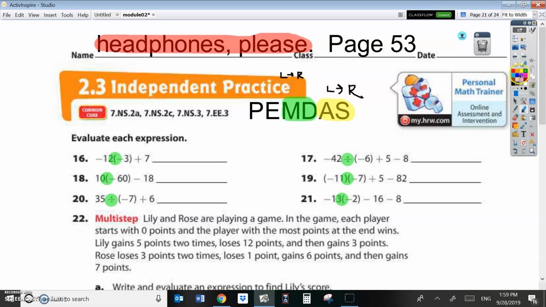Okay, now highlight addition and subtraction. Negative times a negative is a positive. 12 times 3 is 36. 36 plus 7 is 43.